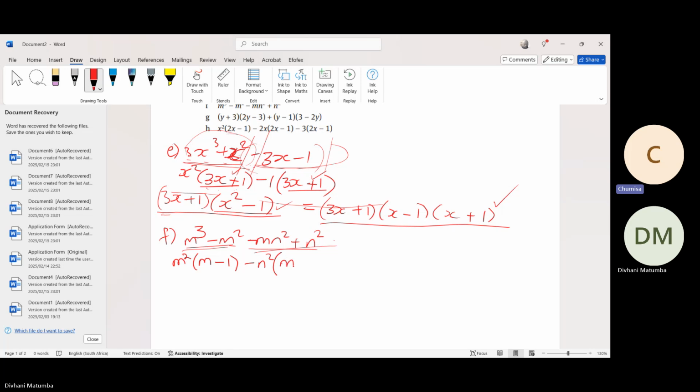M plus 1. It can't be plus. It should be a minus because I took out minus n squared. Negative by negative will give us positive. So if I take out minus n squared, I will be left with a minus. But if this was a plus, I would agree with you.